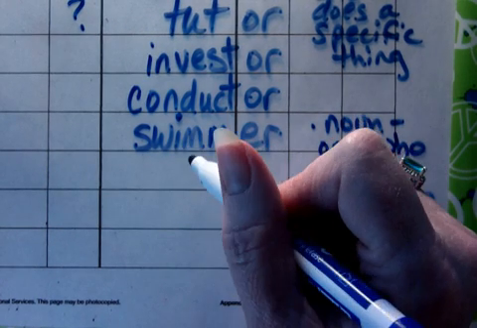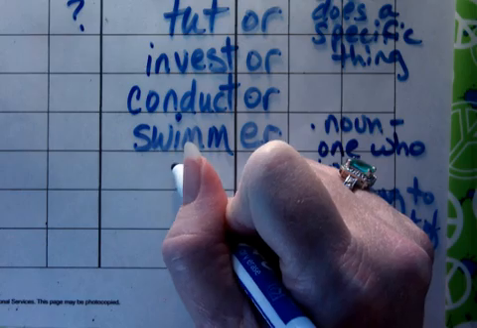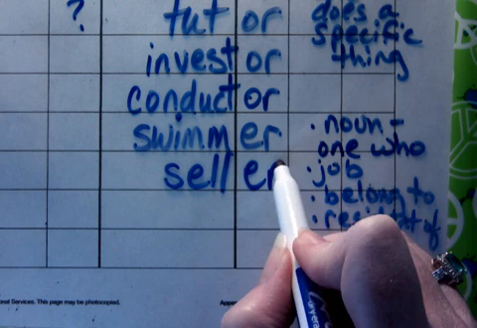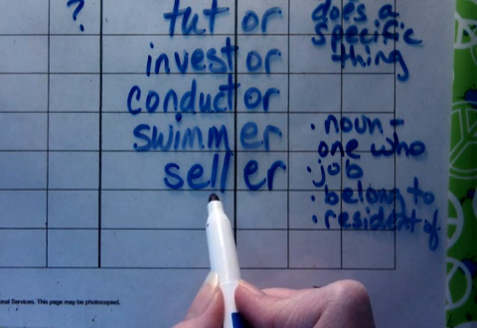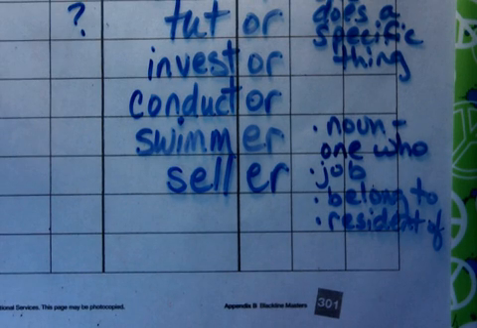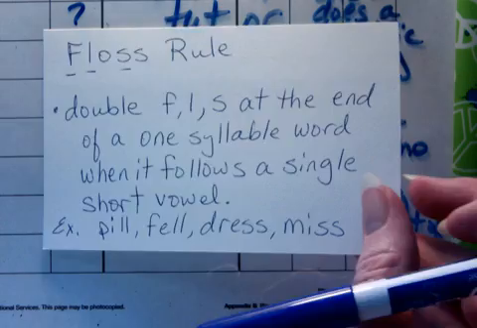The next one is seller. The base word is sell, and the ER. Now why did I go ahead and put the two L's? Because in the base word sell, if I'm going to sell a product, then it's S-E-L-L. It's already doubled because of the Floss Rule. The Floss Rule, let me find my card. The Floss Rule is you double the F, L, or S at the end of a single syllable word when it follows a short vowel.